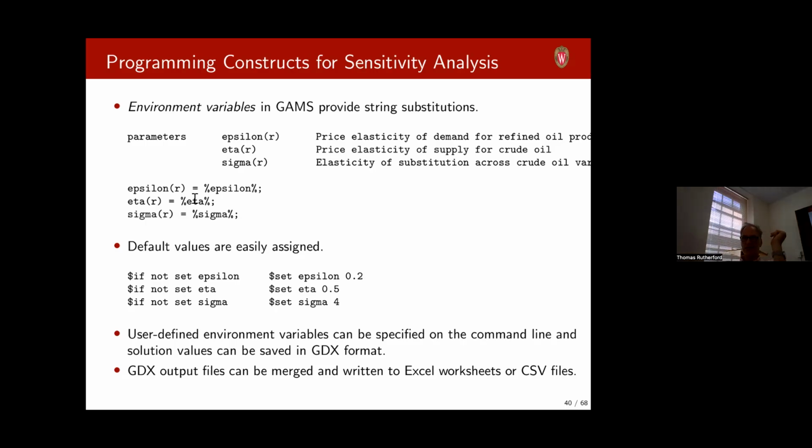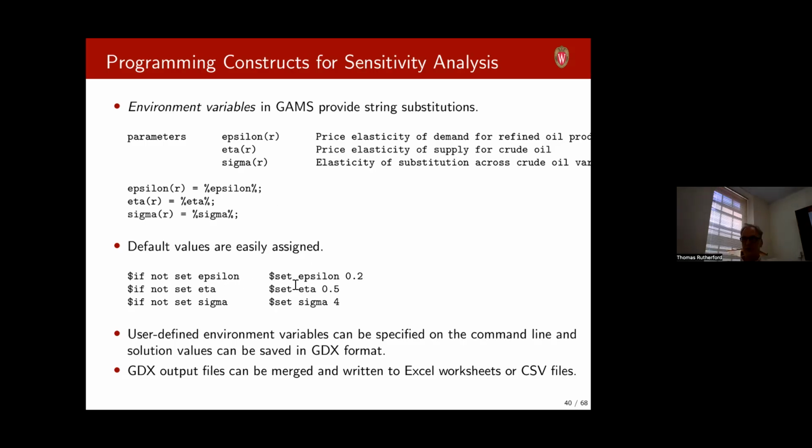The first thing to notice is that I have epsilon equals percent epsilon percent. The percent epsilon percent in GAMS is a string substitution for an environment variable called epsilon. The reason we do that is that we can then assign default values for these environment variables by saying if not set epsilon 0.2.